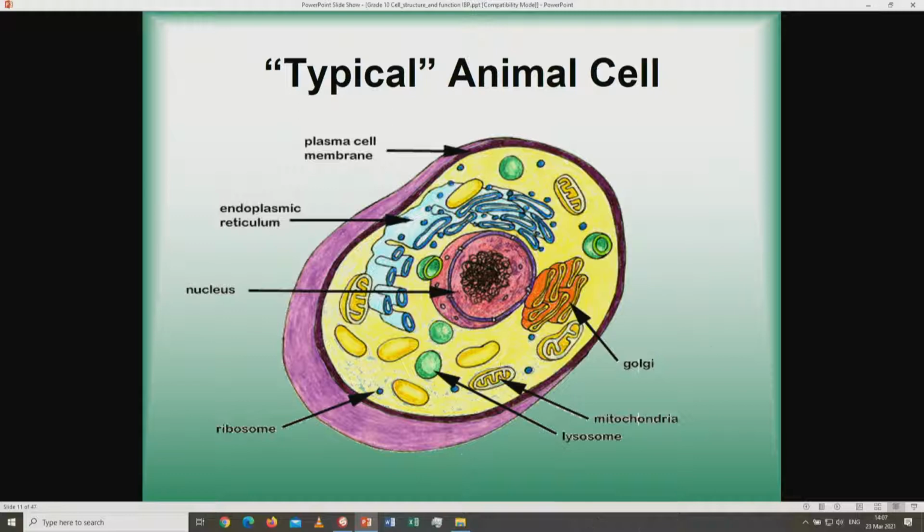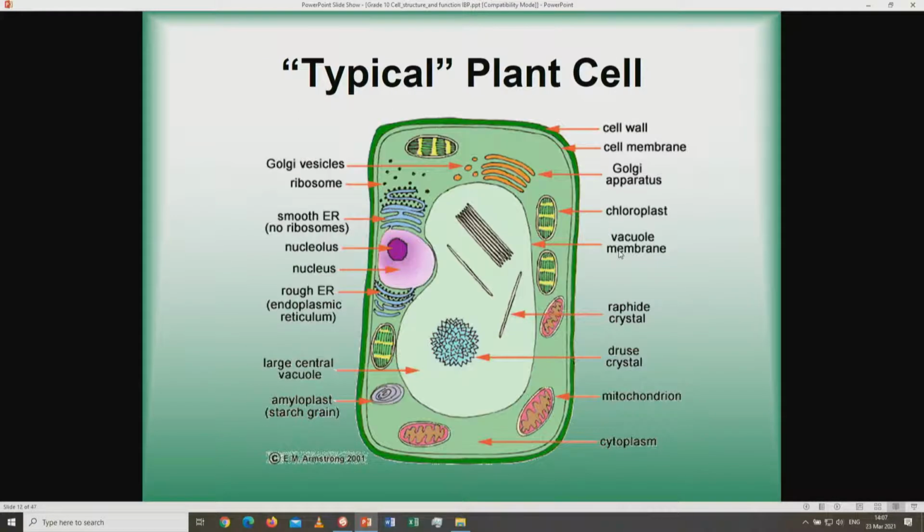You will see that it's roundish, it has a nucleus, ribosomes, mitochondria, and it has a basic shape, as does a typical plant cell. But you will see that the plant cell has a few extra things. So we're going to go into detail on all of these things, their functions, and what part they play in the cell and for us to do our everyday work and life things.